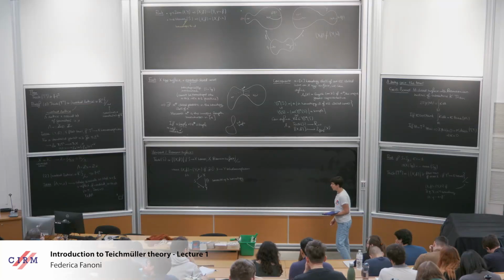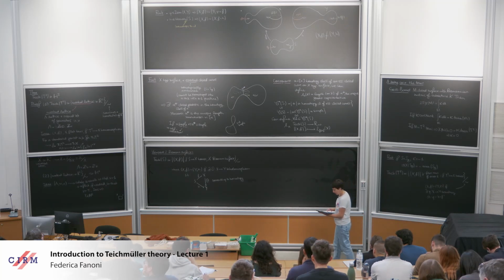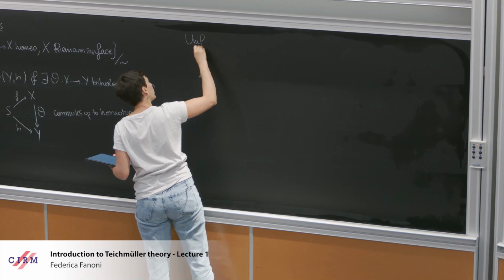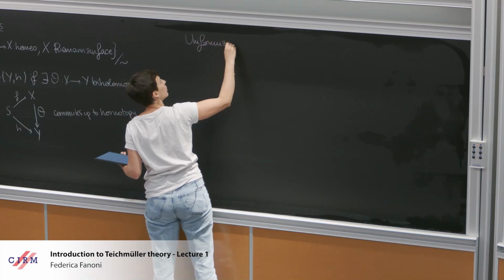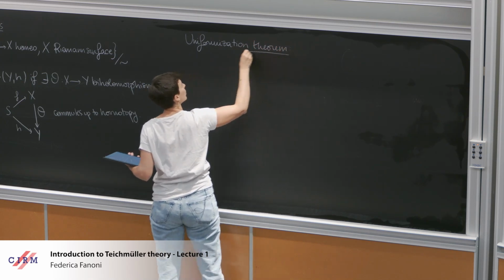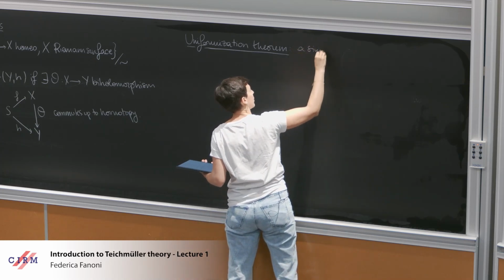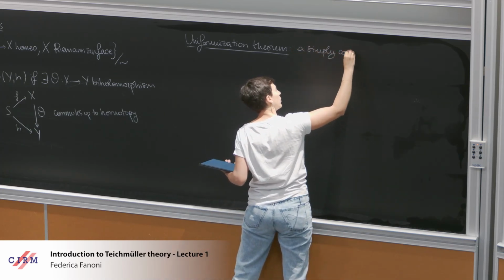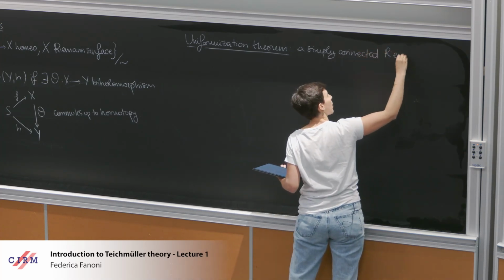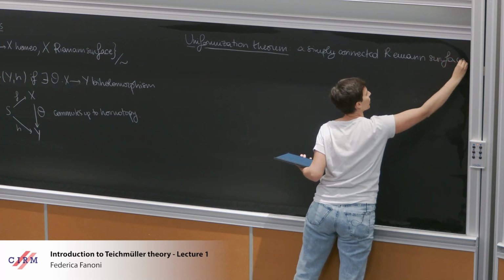And I want to give you an idea of why this is the same as the previous space. And for this, we need the uniformization theorem, which tells me that if I have a simply connected Riemann surface, then I have very few possibilities.